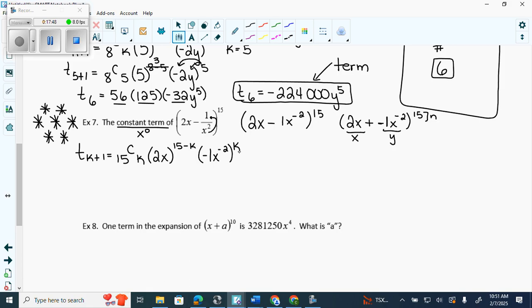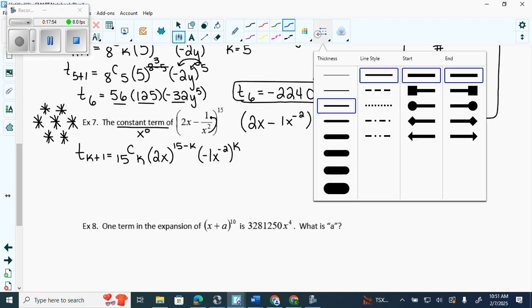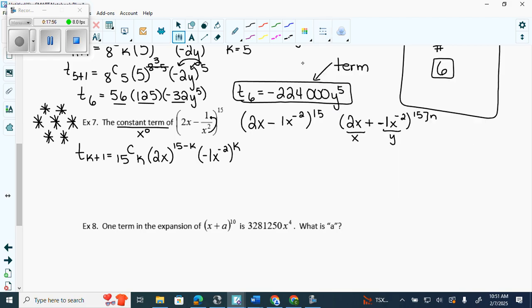So when you're looking for the constant term, you will do a little side math to find out what k is. Why? Because I need to find something that equals x to the 0. True? Do we agree? I need it to be x to the 0 so the x's go away.